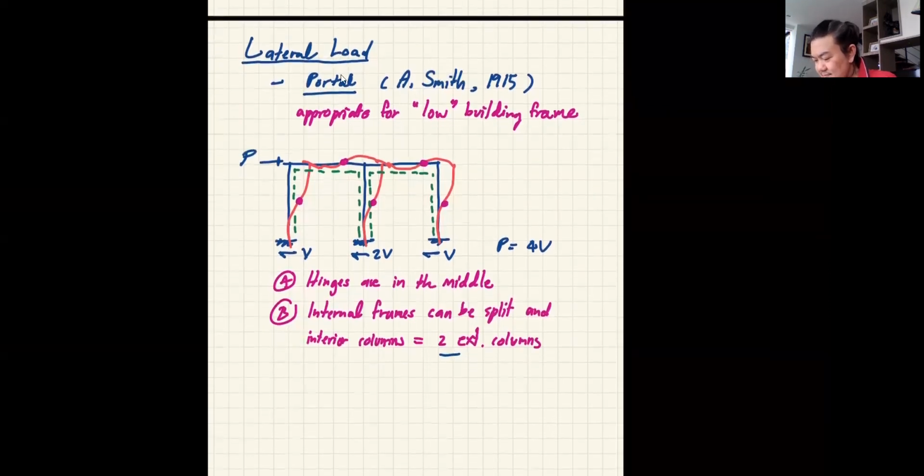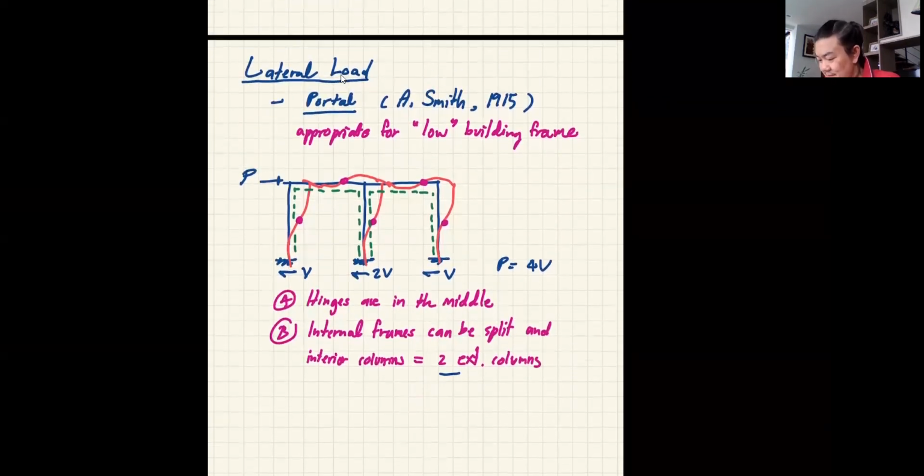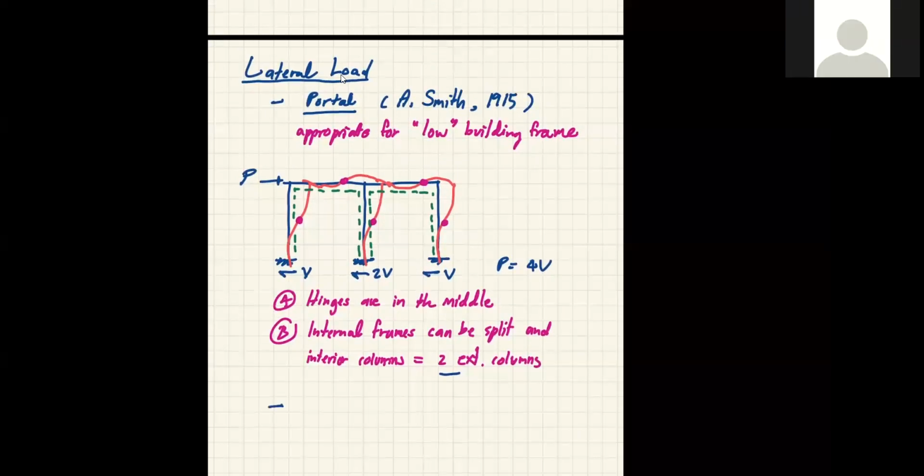Crystal clear, right? The next one is... pardon me, can I ask? Yes, sure. Of course you can. If we have just two frames, and this one will be 3 columns, right? Yeah. Each will be V, right? So V will sum to 4V. Well, of course, you can always treat the frame as portals.